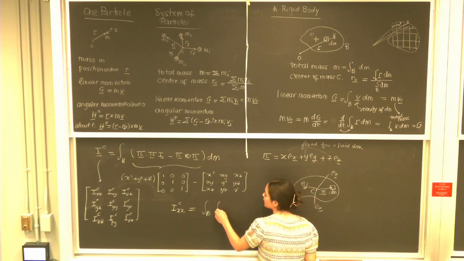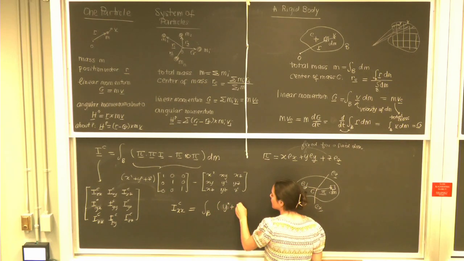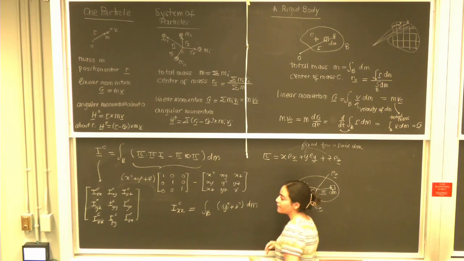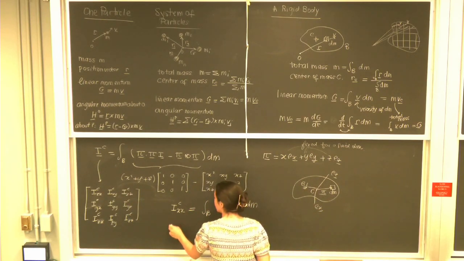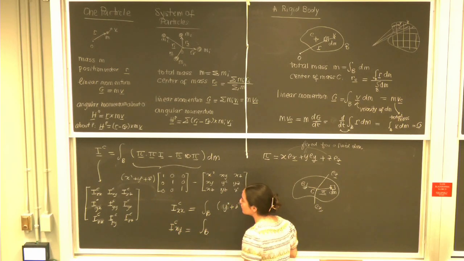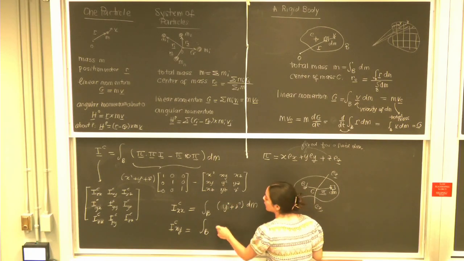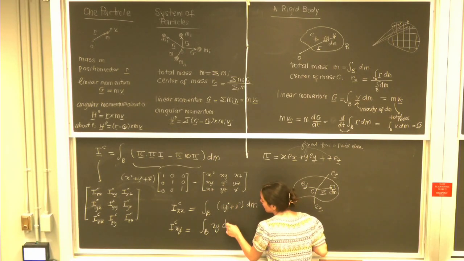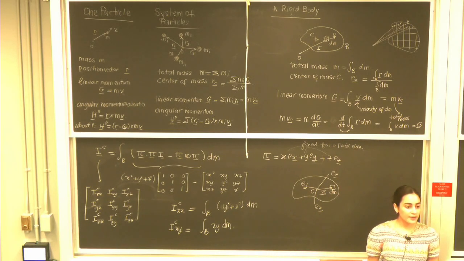So that's going to be the integral of y squared plus z squared dm. And then if I consider a typical product of inertia, ICXY, I can write this as the integral of 0 minus xy dm. Have you seen these before, any of these?